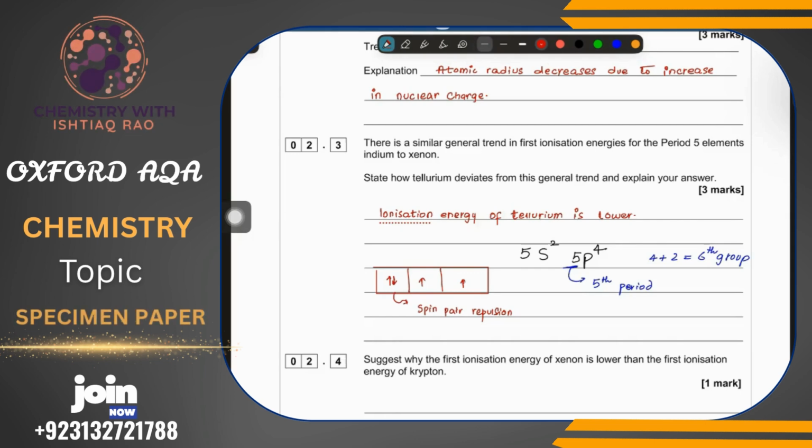Also, sir, in group 5, do all of the elements follow the same trend, like their ionization energies are lower compared to the other ones, or is it only tellurium? No, it's only tellurium basically. That's why they are asking.